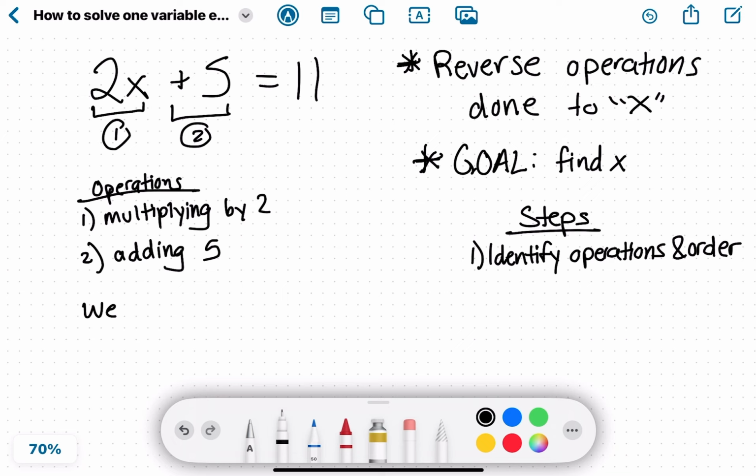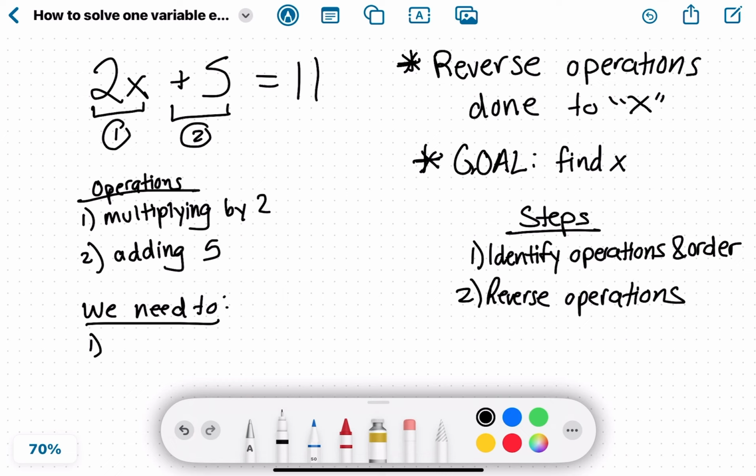And now our next step, which I kind of already started going into, is to reverse the operations. We're going to start from the latest and go to the earliest.